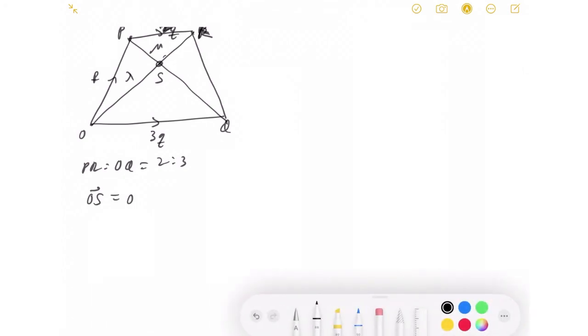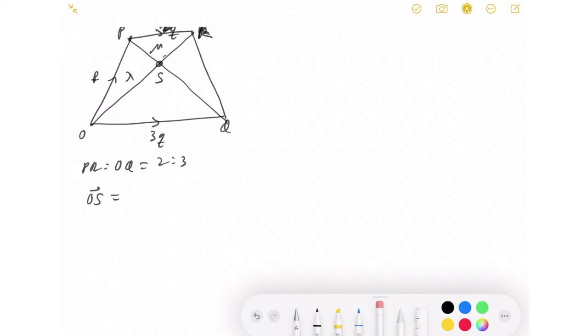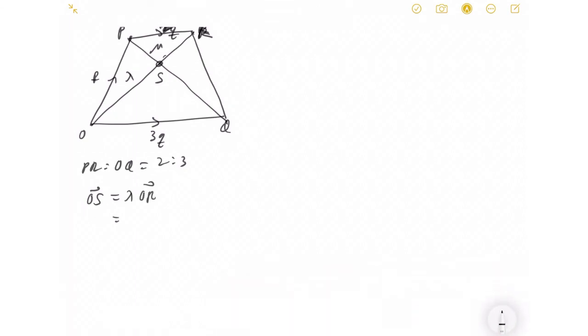So now let's start. In order to find lambda and mu, we need to find two versions of OS. The first version of OS, we can go from O, maybe we can say OS is a multiple lambda of OR. And OR, we can go from O to P, P to R. In this case, it's P plus 2Q.